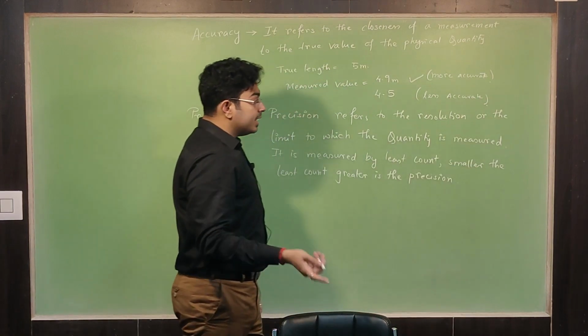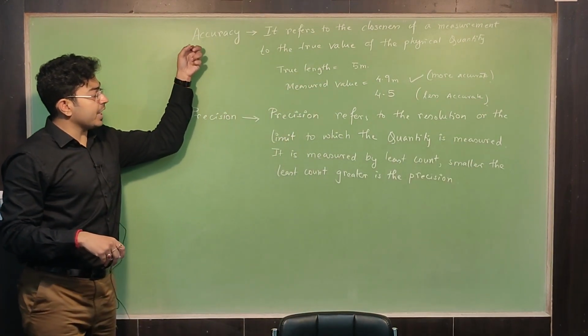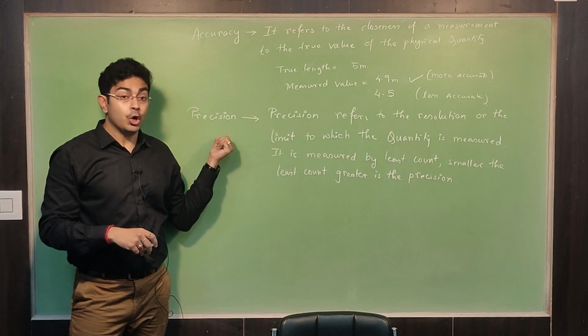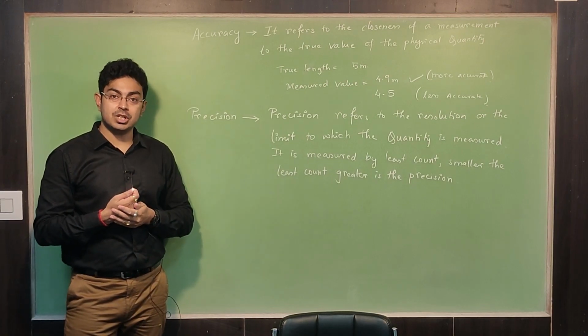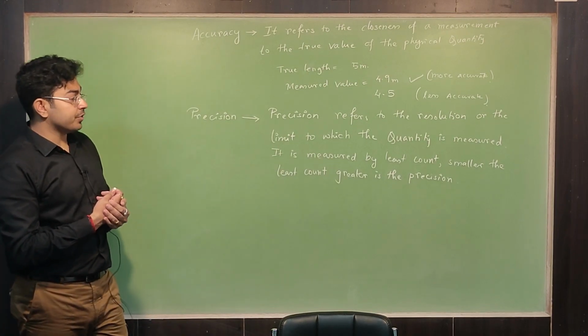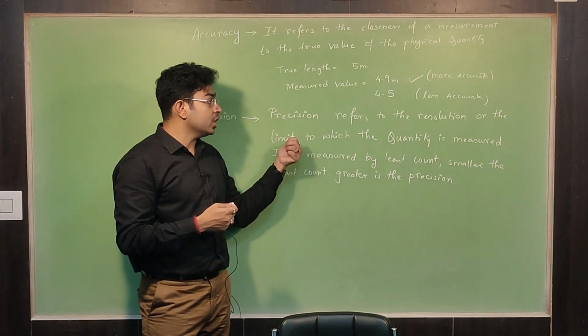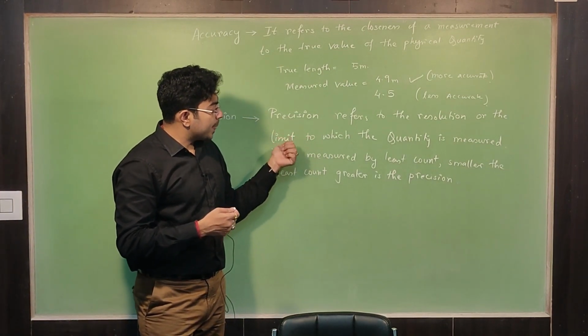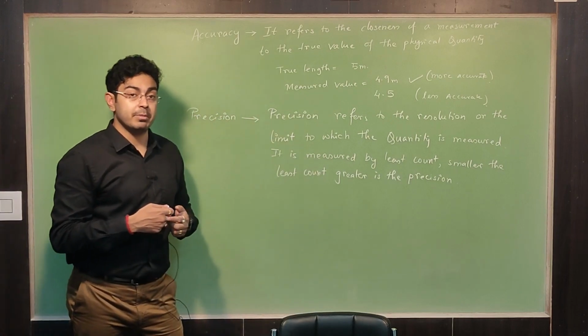Okay. Now, do not confuse accuracy with precision. What is the meaning of precision? Precision refers to the resolution or the limit to which the quantity is measured.